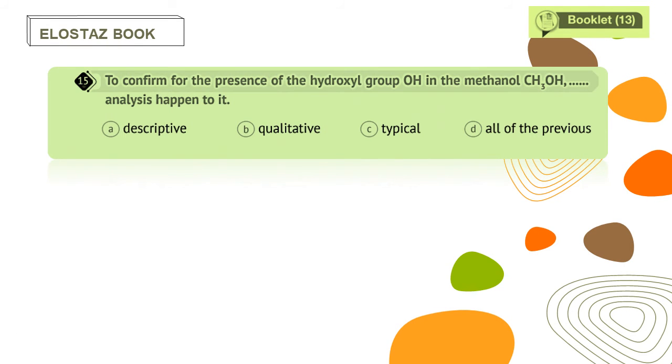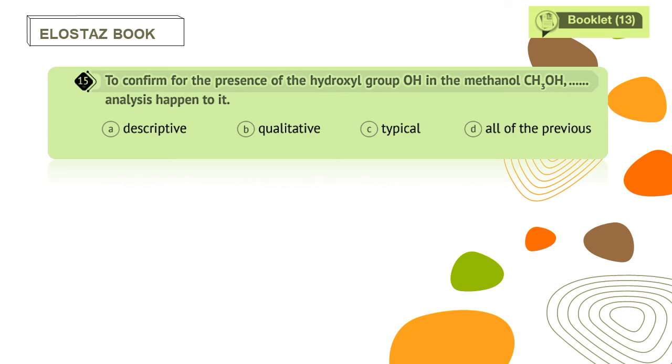Question 15 says: to confirm the presence of the hydroxyl OH group in the methanol sample CH3OH, what kind of analysis will be used? As we said, we want to know whether the hydroxyl group is present or not.